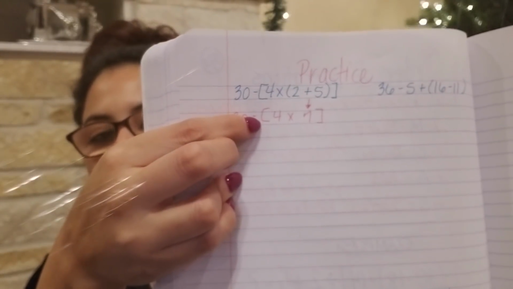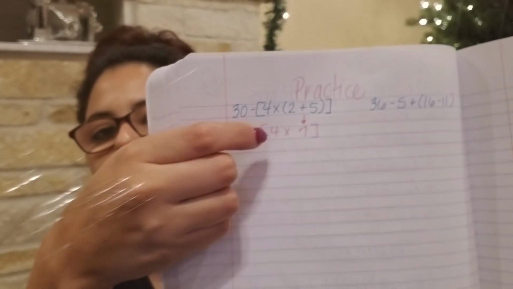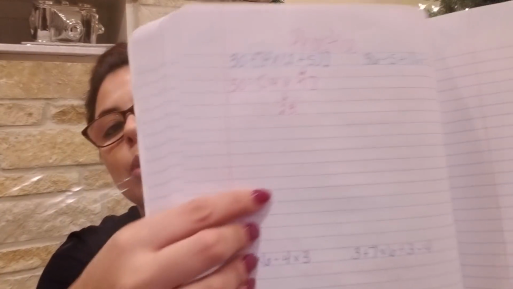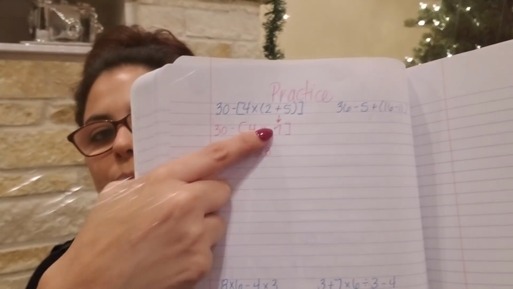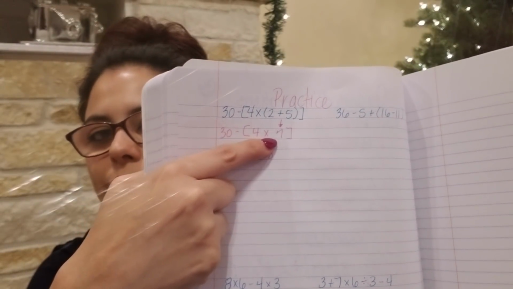I see brackets. Again, I already just did parentheses. I see brackets now, so I have to do what's in the brackets. So what's in the brackets is 4 times 7. That should give you 28. Now, because I did what was in the brackets, I'm done with them now. Just like right here where I did the 2 plus the 5, do you see more parentheses around that 7?